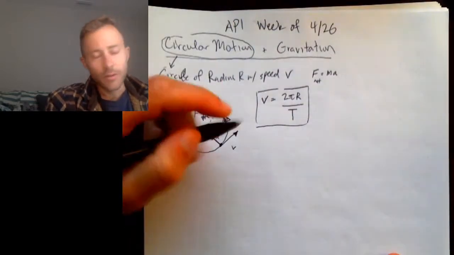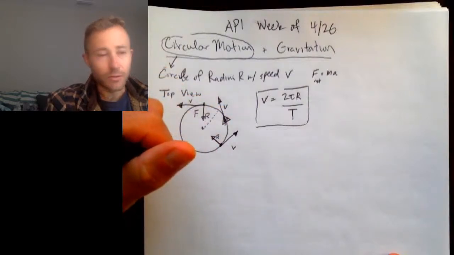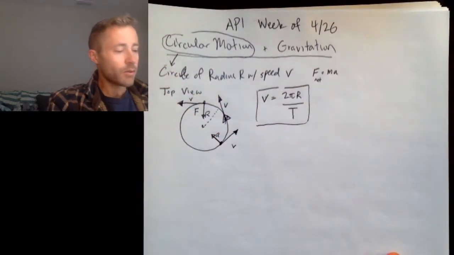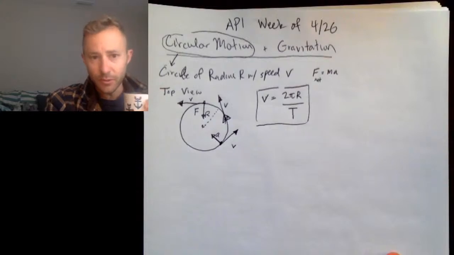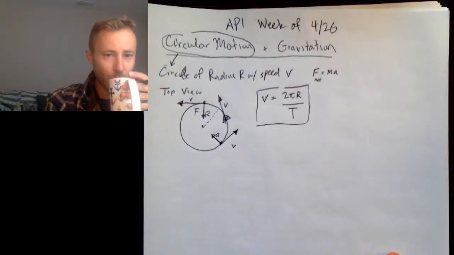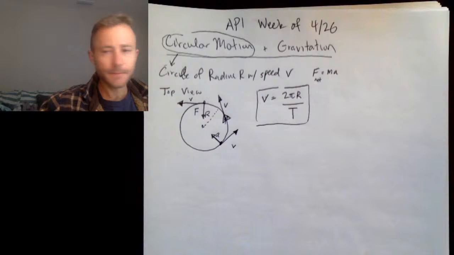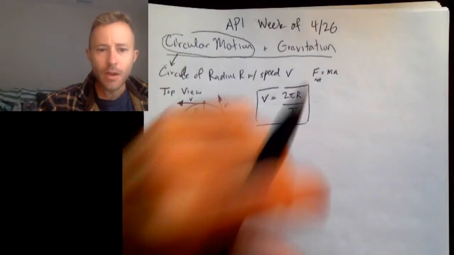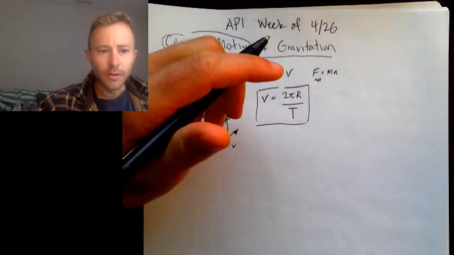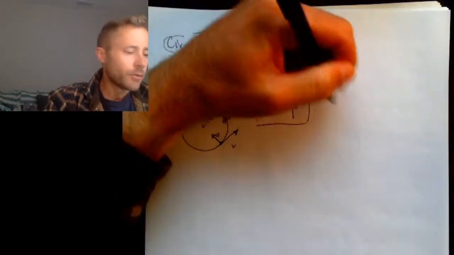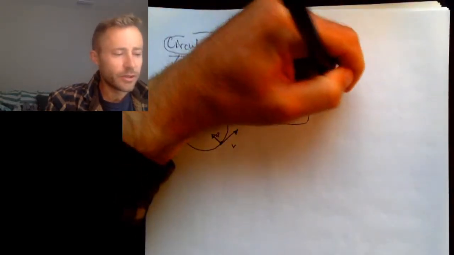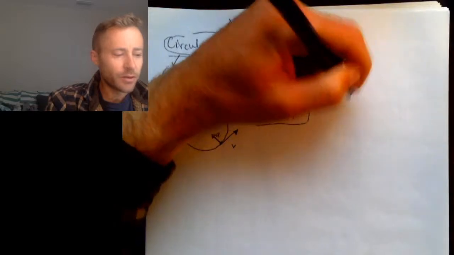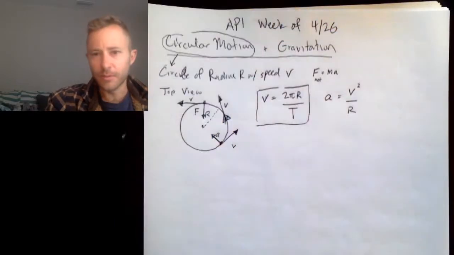And then there is an equation for the acceleration while you're moving in a circle. It's called the centripetal acceleration. And the formula for centripetal acceleration is speed squared divided by the radius of the circle, a = v squared over r.